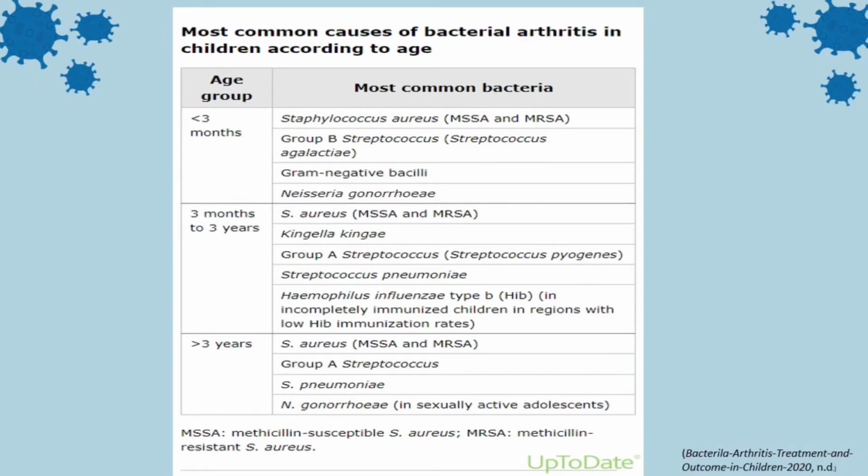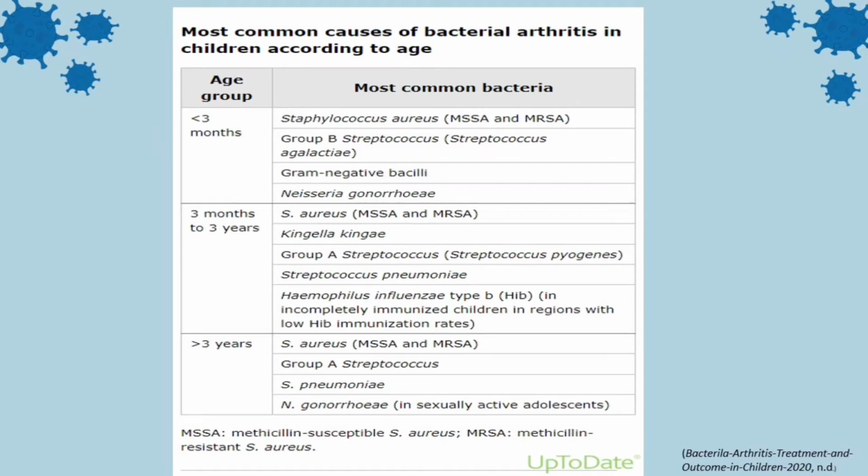For the age group of 3 months to 3 years, the most common bacteria that causes bacterial arthritis are S. aureus, most likely MSSA and or MRSA, Kingella kingae, Group A strep like S. pyogenes, S. pneumoniae, and HIB in incompletely immunized children in regions with low HIB immunization rates.